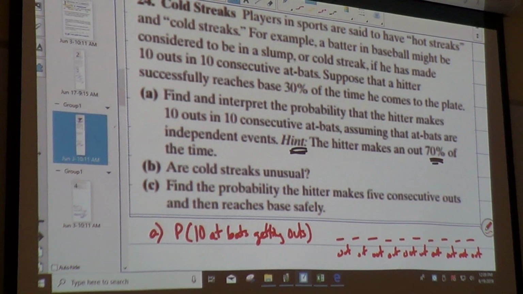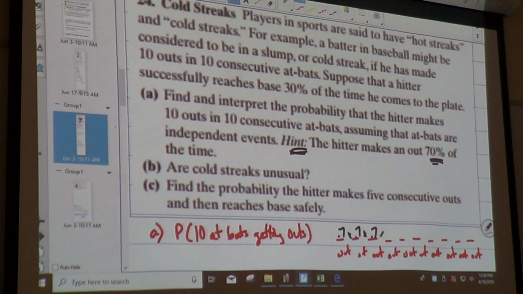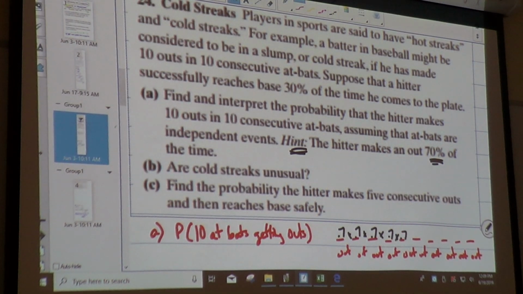So this is going to be 0.7 times 0.7 times 0.7, and so on.